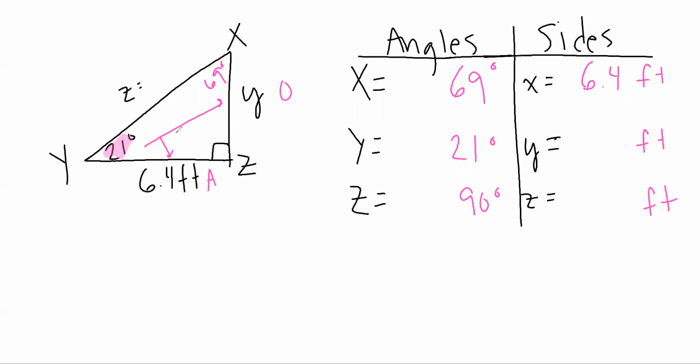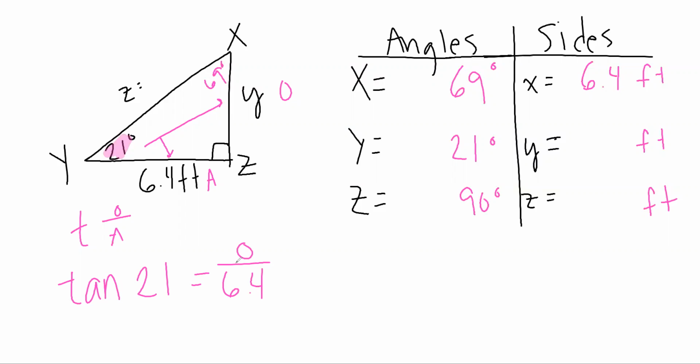Dealing with opposite and adjacent, I'm going to use the tangent function, because remember, SOHCAHTOA, tangent is opposite over adjacent. So the tangent of 21 degrees equals the opposite over my adjacent.